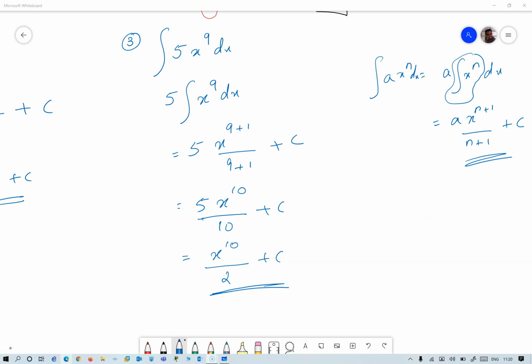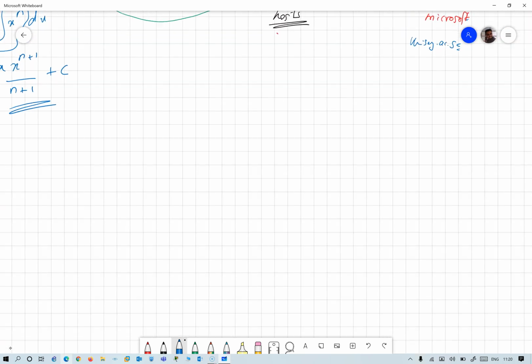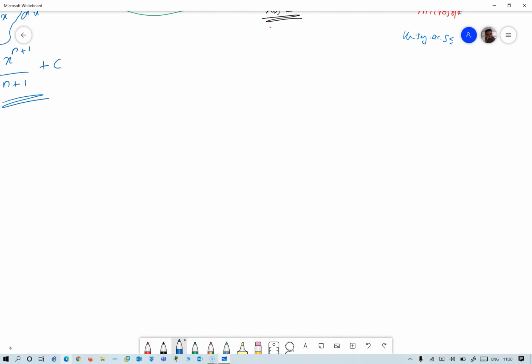Now let's try to do another question which involves multiple terms. So integral x square plus 5x dx.